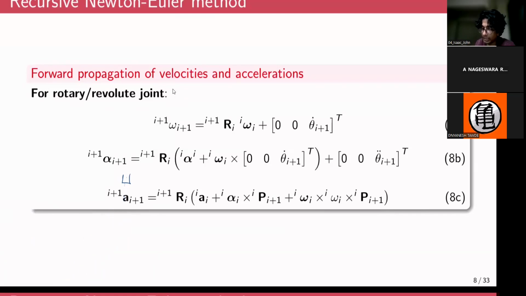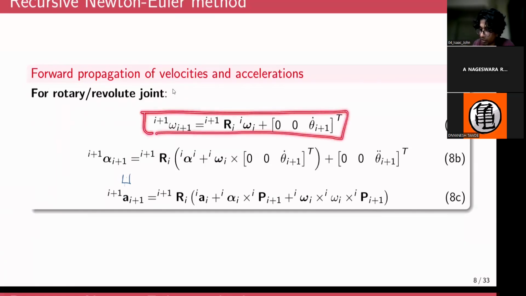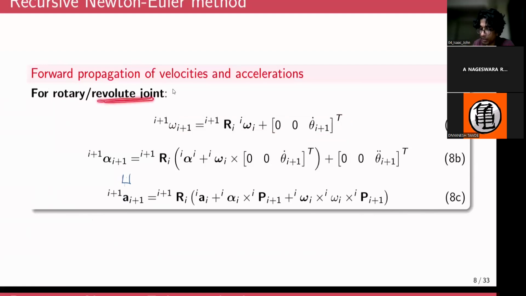We have essentially seen the propagation of velocities in the previous class, when we were discussing Jacobians, the inverse differential kinematics and forward differential kinematics. So the first equation essentially says the propagation of angular velocities for a revolute joint.